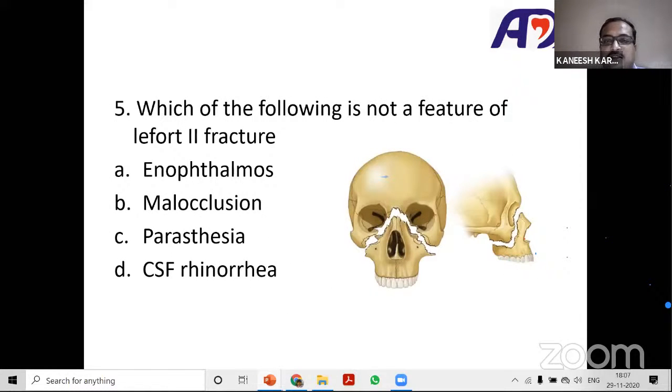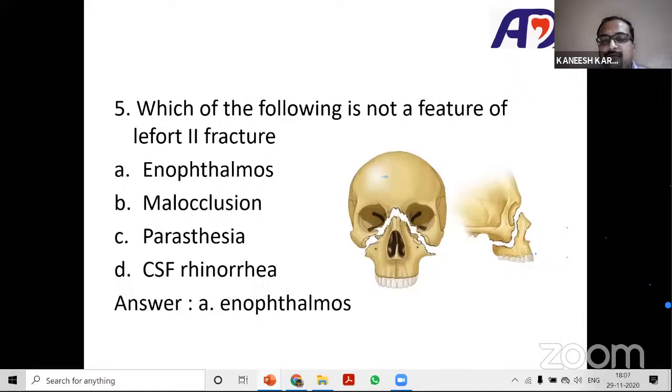Which of the following is not a feature of Le Fort 2 fracture? Yes, answer is A, anophthalmos.